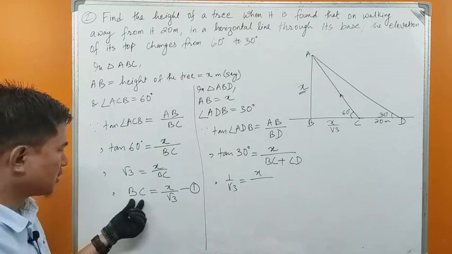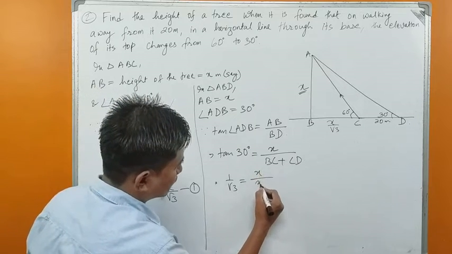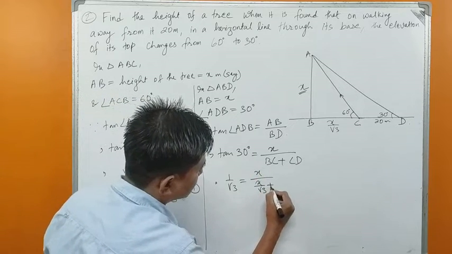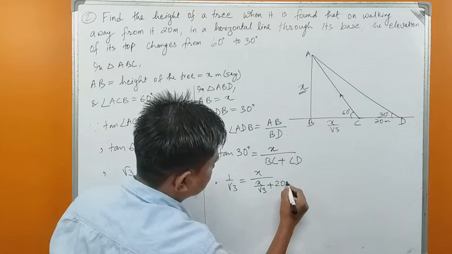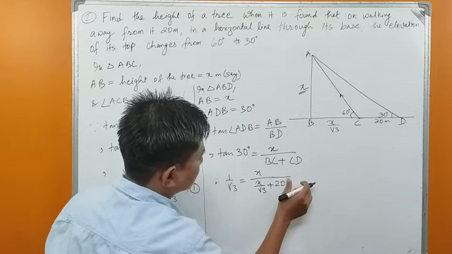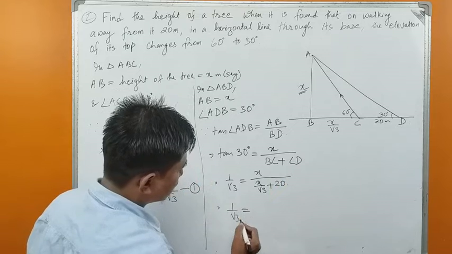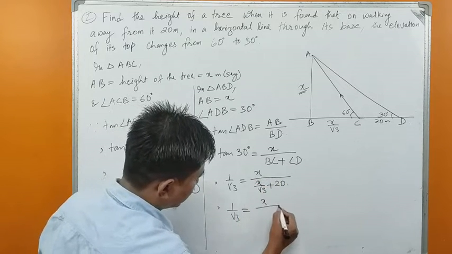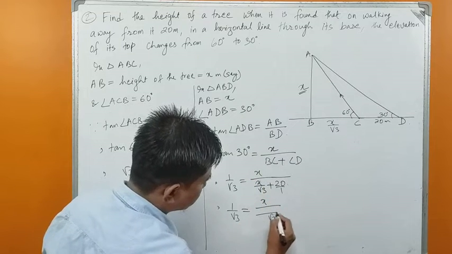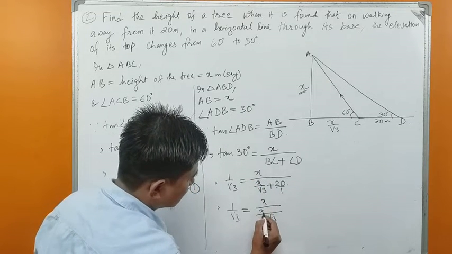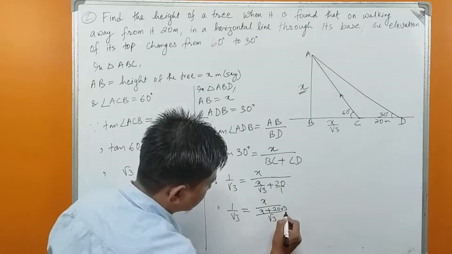The value of BC is x upon root 3 from equation 1, and CD is 20 meters. We don't write the unit right now. So 1 upon root 3 equals x upon, taking the LCM root 3, x plus root 3 into 20, which is 20 root 3.